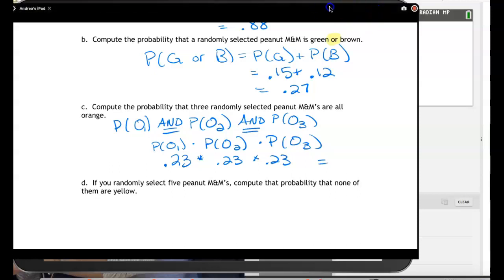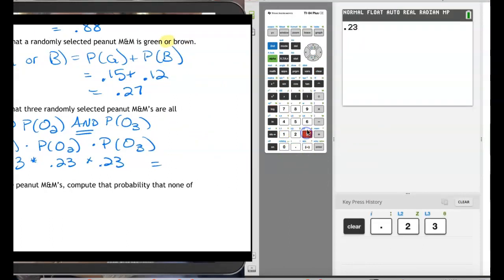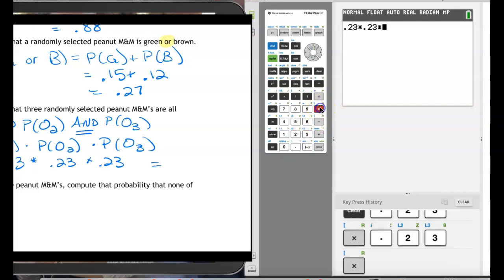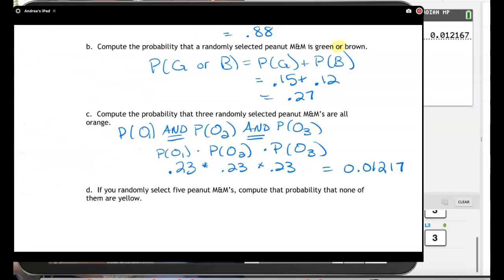We can go ahead and, if I can move this over here, do 0.23 times 0.23 times 0.23, and we get 0.01217, right?